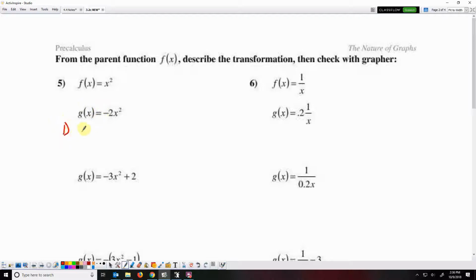So the first thing that happens is a vertical dilation. And when things are outside the function, they're vertical. They're just at face value. So by 2. So this thing gets 2 times taller than the original. And then multiplying by the negative, there's a vertical reflection, which means we flip over the x-axis. So it gets twice as tall, and then it flips over the x-axis.